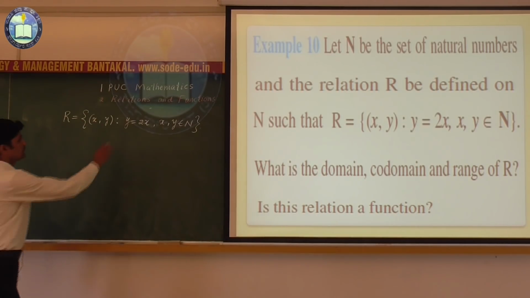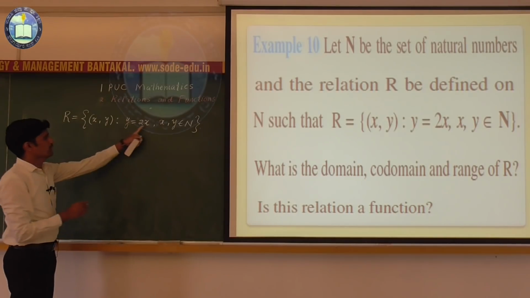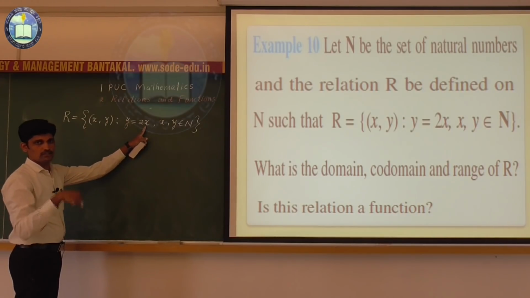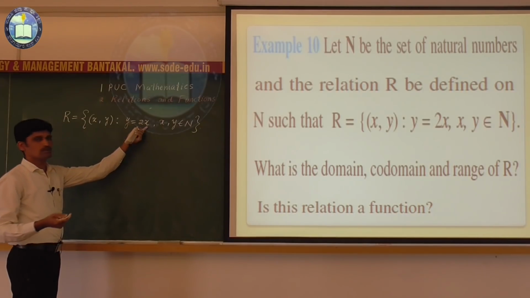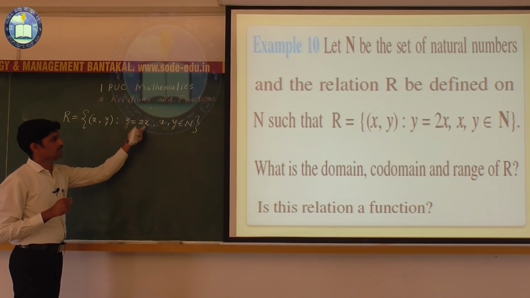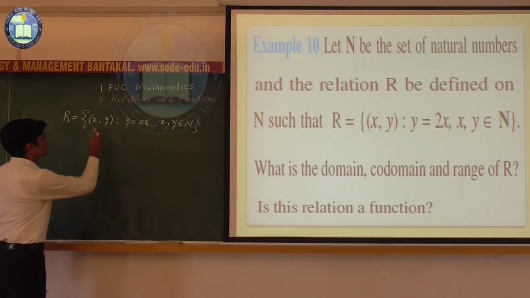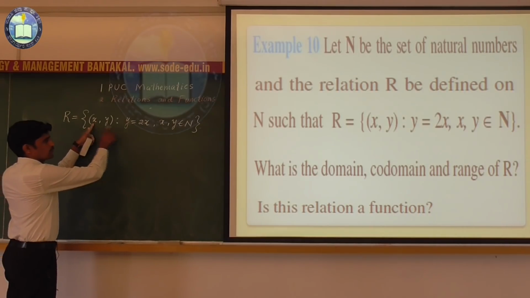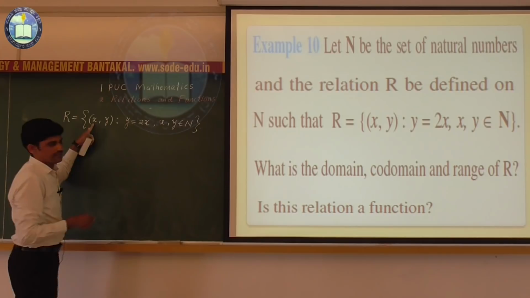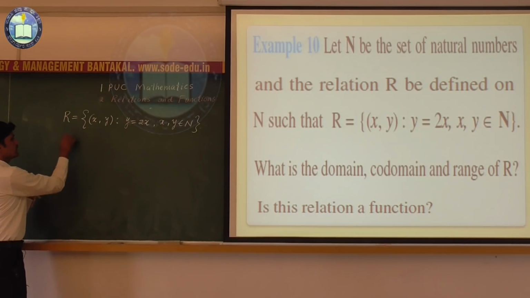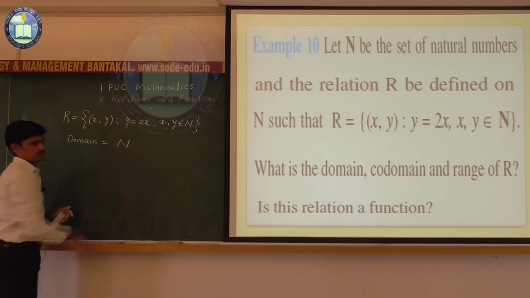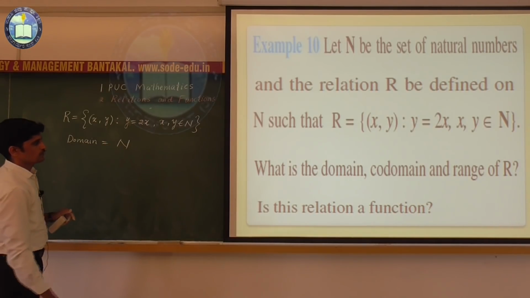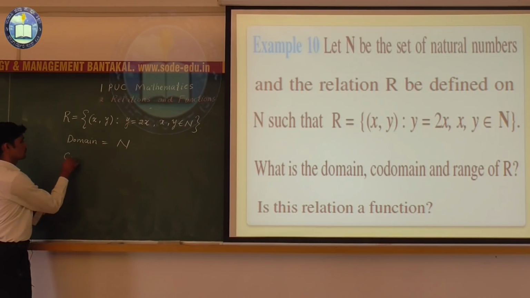Whenever we give x a natural number, y will immediately be 2 times that natural number, which is always an even natural number. So what is the domain? Domain is the set of all natural numbers, since we give all the natural numbers to x. So domain is equal to the set of all natural numbers N.